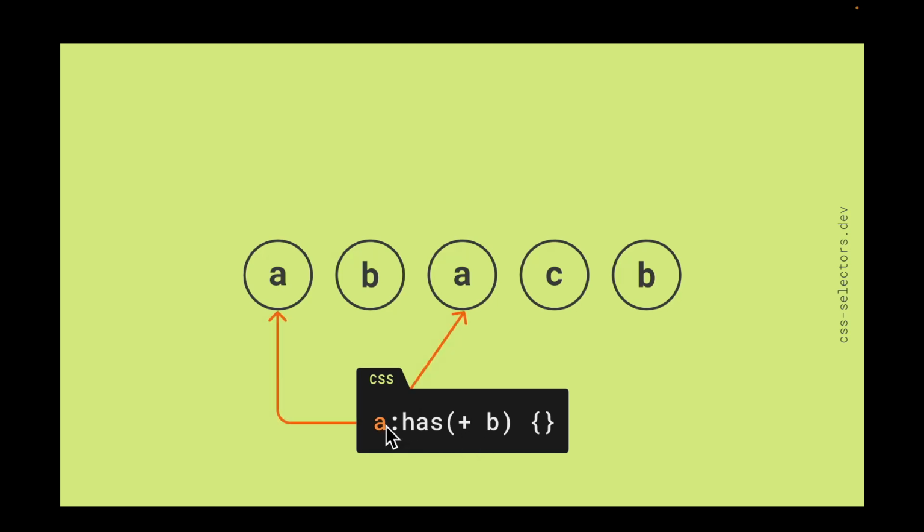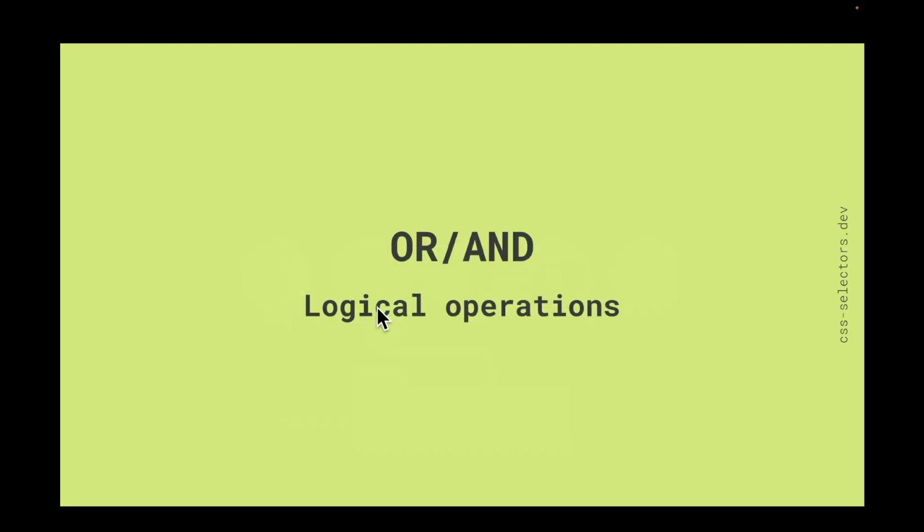Here, we are trying to target the A element, so this A element or this A element, if they have the direct sibling of the B element. The B elements are this one and this one. But only this A element has the direct sibling of the B element, so this A element will be selected.